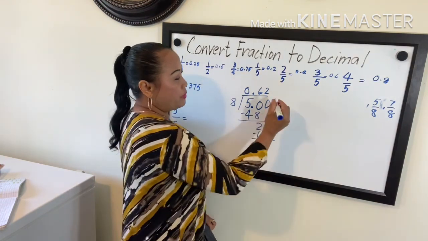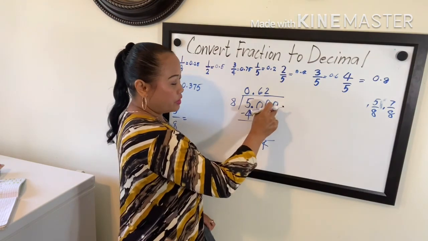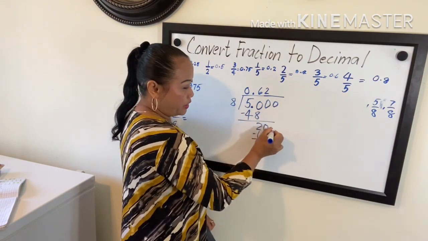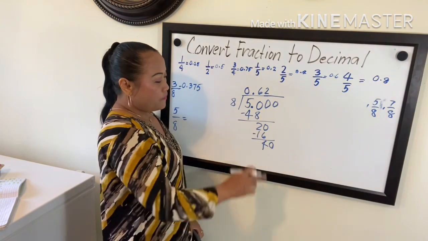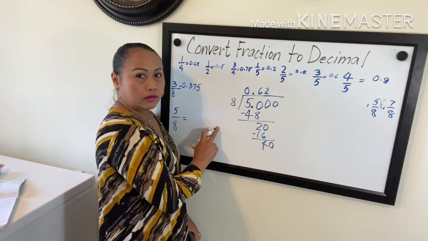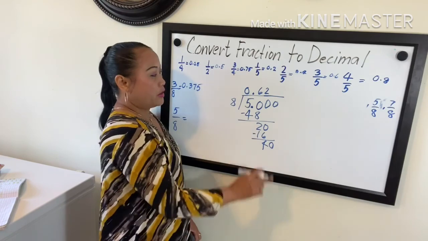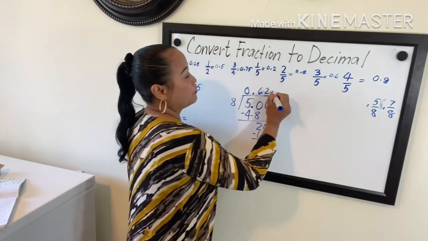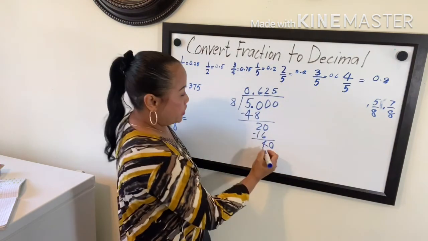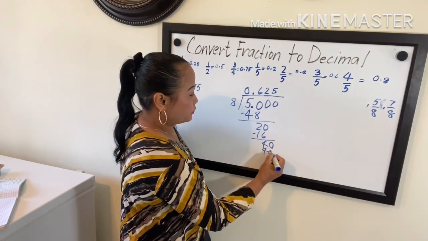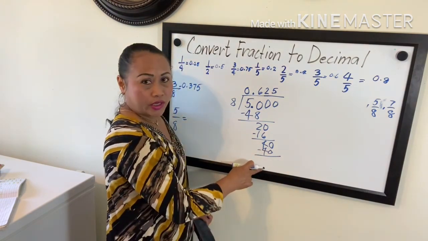Now, we have to keep adding 0 into the dividend, and we also bring down the 0 here straight. So now 40 divided by 8. How many 8s in 40? There are 5. And then 5 times 8 is 40. Now we will subtract. 40 minus 40 is 0.